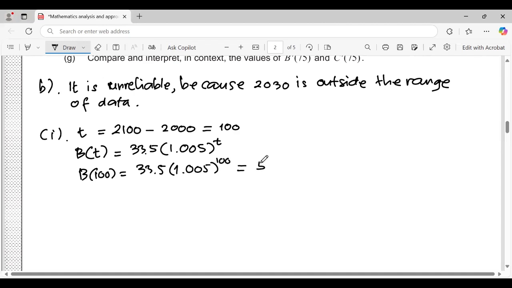The result is 55.163 million people, so millions of people.